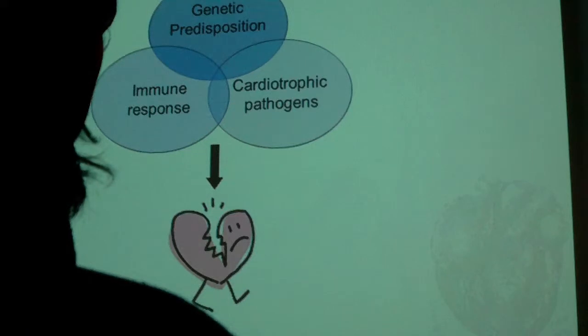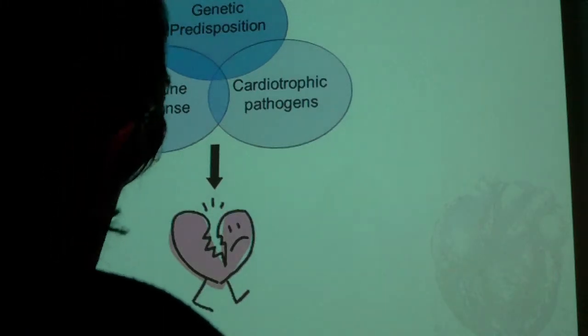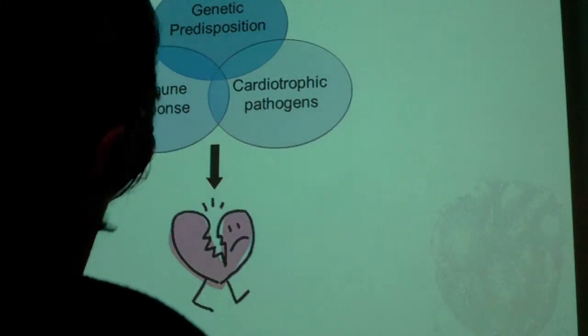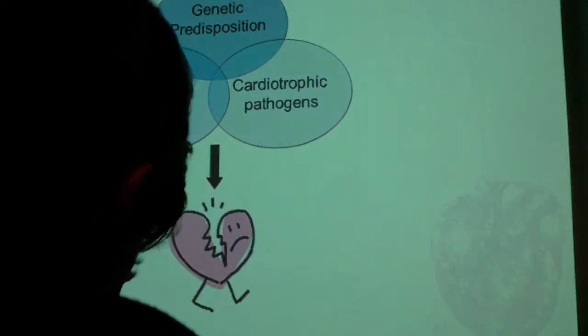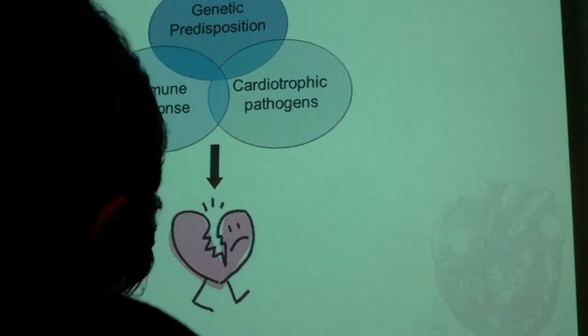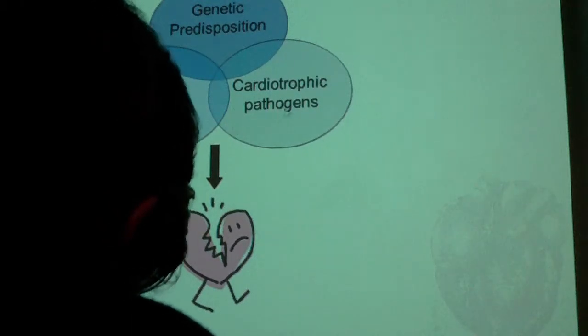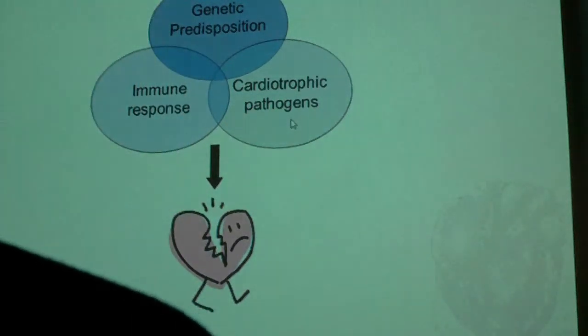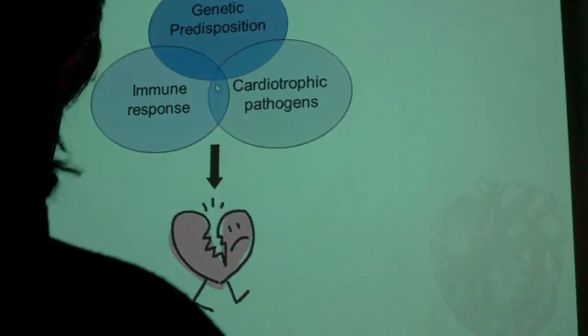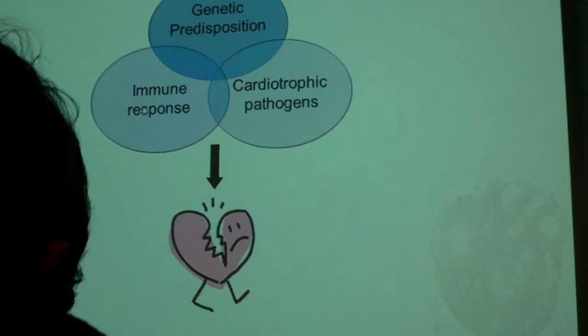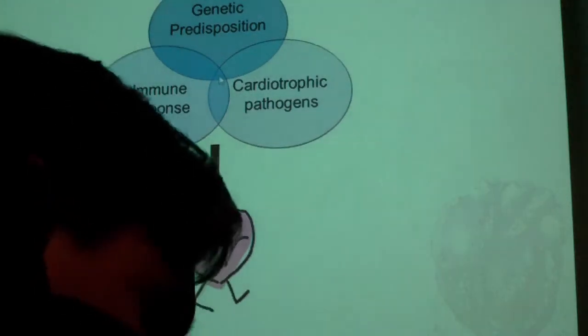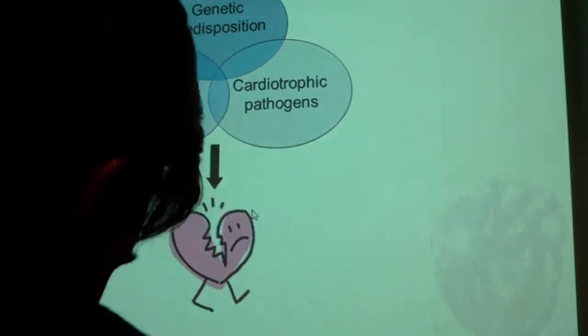Usually we say that inflammation is something that all patients have. It's all or nothing, but we don't see that. It's a genetic predisposition, and then there's a certain immune response that the patient gets that has a certain trigger, probably the viruses, and these patients in the middle, which have this predisposition, which have an exuberated immune response due to the trigger, those are the patients that develop heart failure.